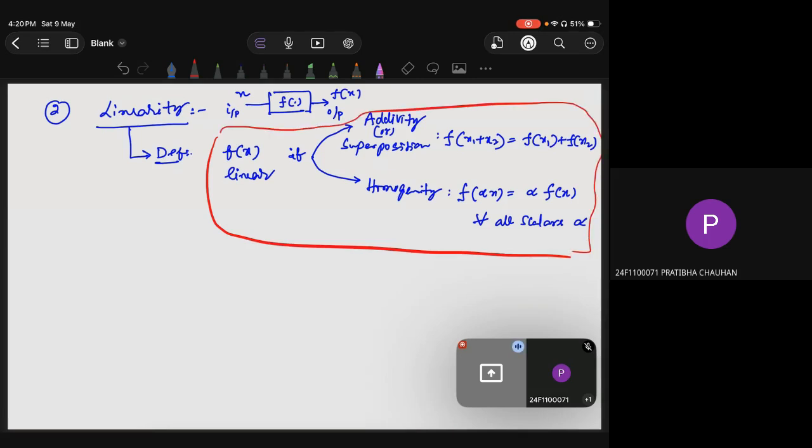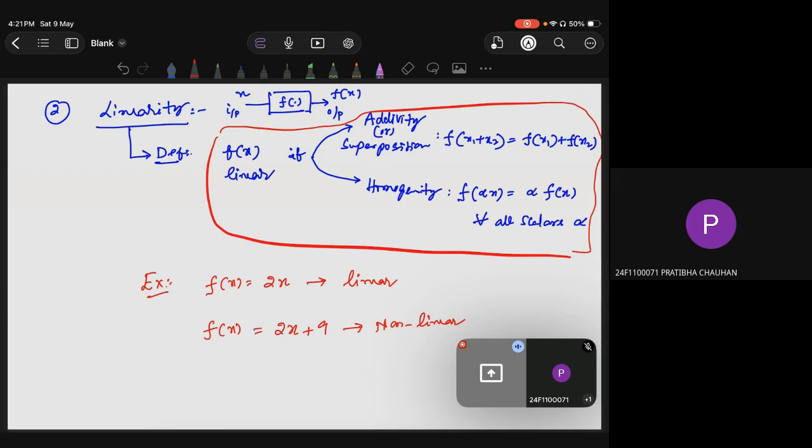A simple example: if f of x is equal to 2x, is it linear or not? It's linear. Whereas if you take f of x equal to 2x plus 9, is it linear? It's non-linear, because the plus 9 affects the additivity property, and mostly both additivity and homogeneity.